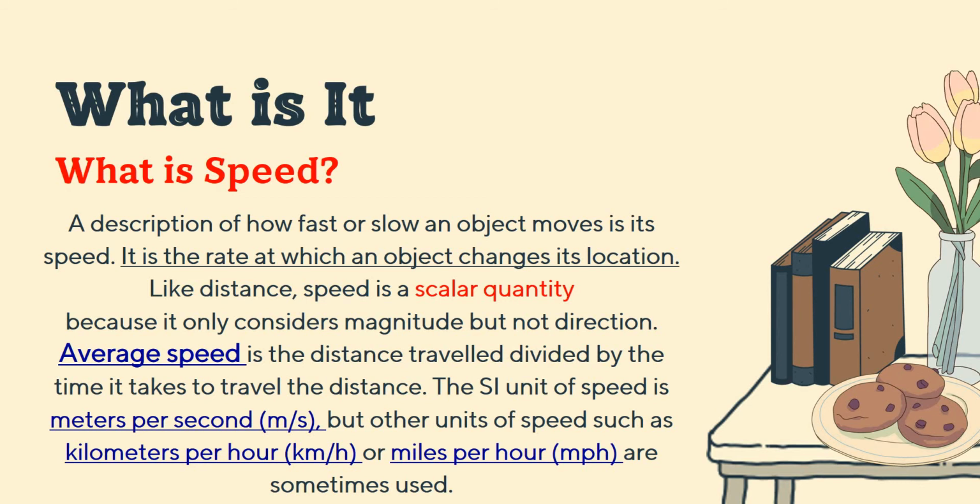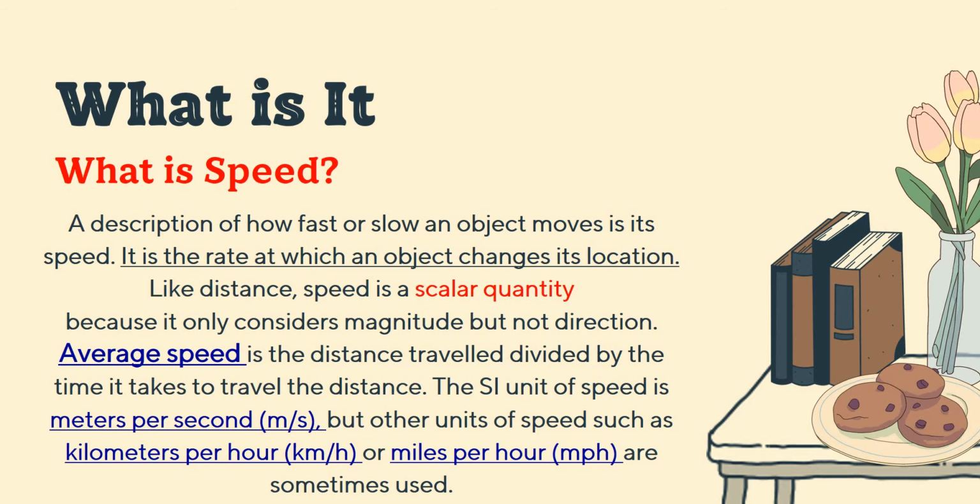What is speed? A description of how fast or slow an object moves is its speed. It is the rate at which an object changes its location. Like distance, speed is a scalar quantity. It has only magnitude or size, but no direction. The average speed is the distance traveled divided by the time it takes to travel the distance.